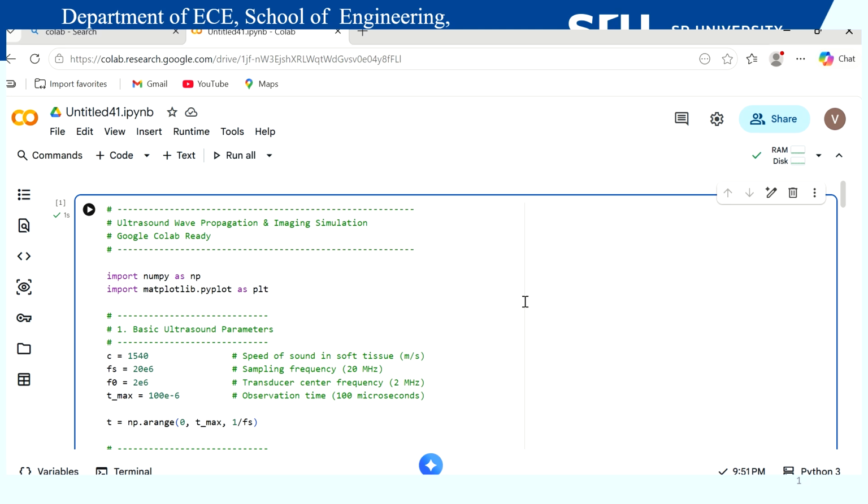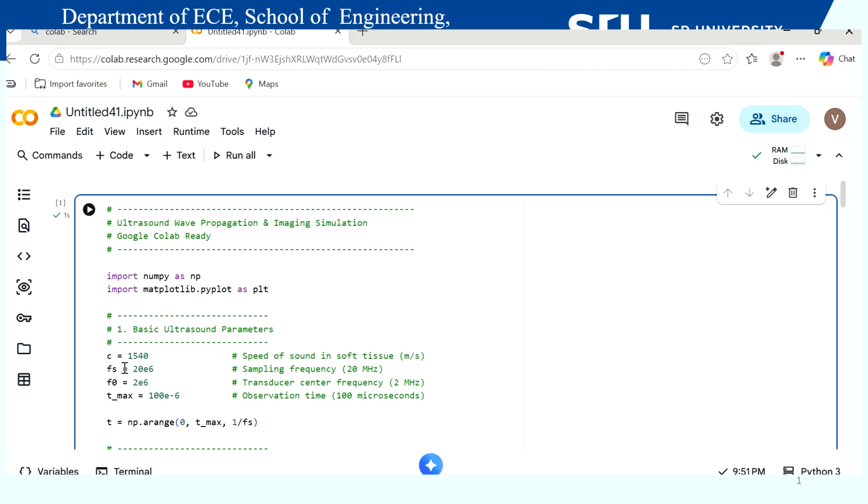First, the basic ultrasound parameters. Here the parameters given are C equal to 1540, that is the speed of sound in soft tissue, in meters per second.